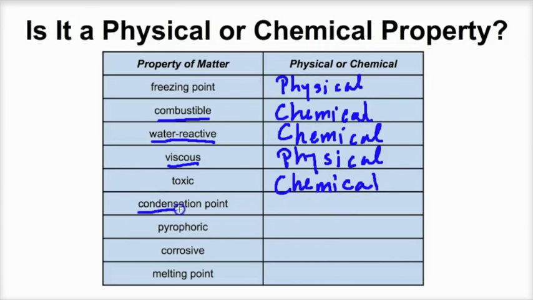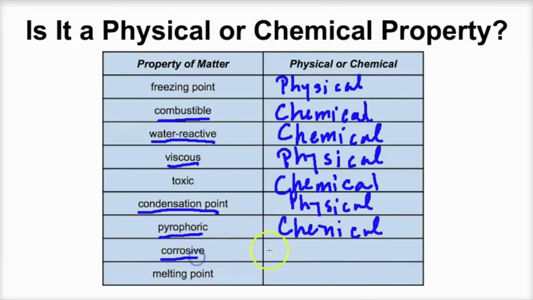Condensation point, right? If we said that water vapor condenses at 100 degrees Celsius and turns back into liquid, that is going to be a physical property. Alright, something is pyrophoric, that means it ignites in air, that's going to be a chemical property.